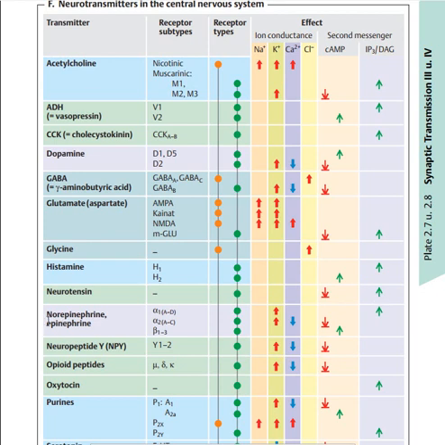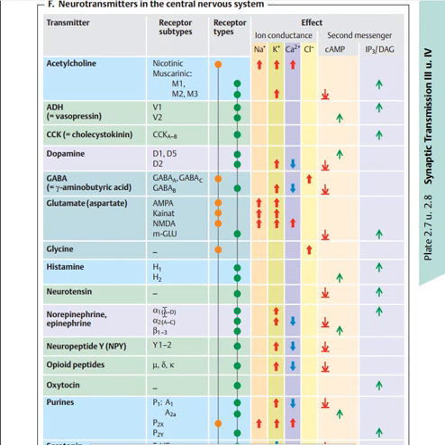Then we have again norepinephrine and epinephrine. We need to know that norepinephrine and epinephrine act on the adrenergic receptors. We have alpha 1 receptors, which can go from A to D, alpha 2 receptors, which can go from A to C, and beta 1 to 3 receptors.